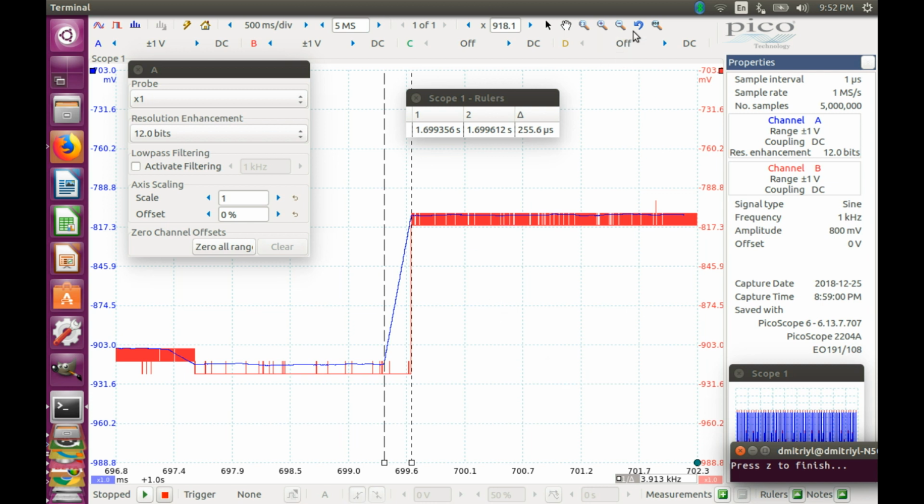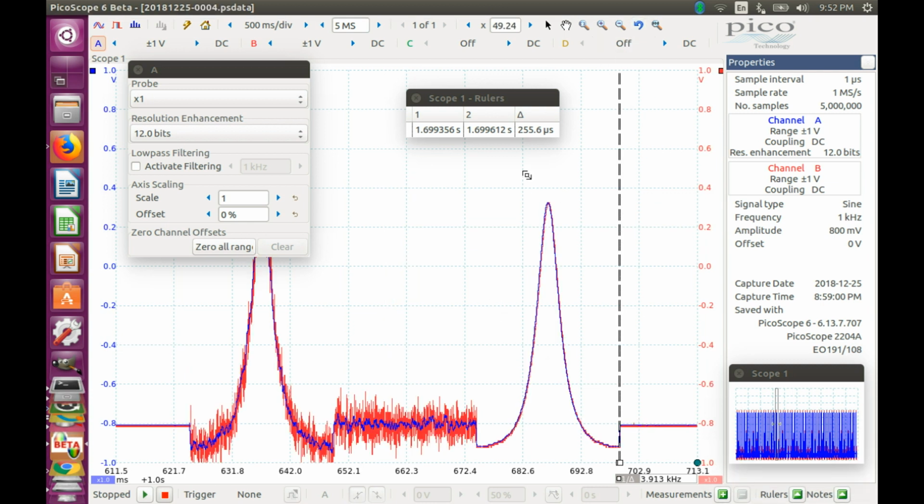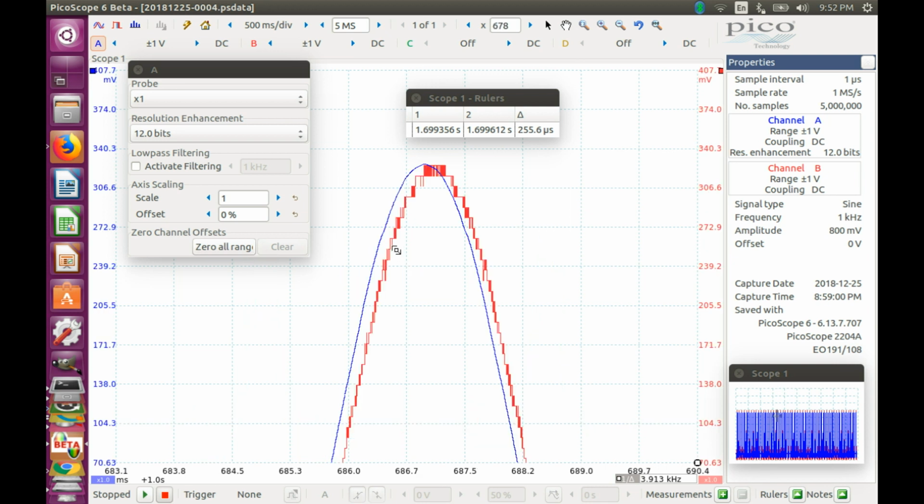We can go and explore other regions and see what the differences are. So here, where we have a gradual climb, we also see that the enhanced waveform is shifted to the left.